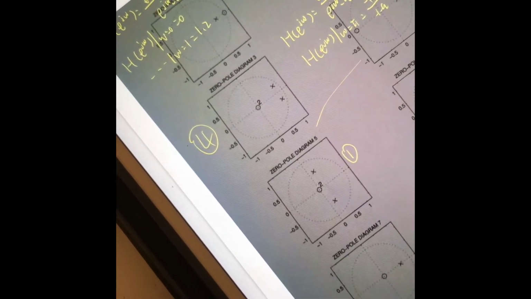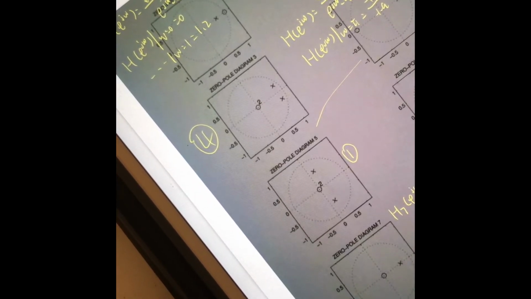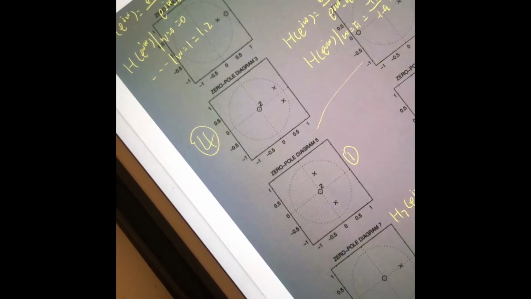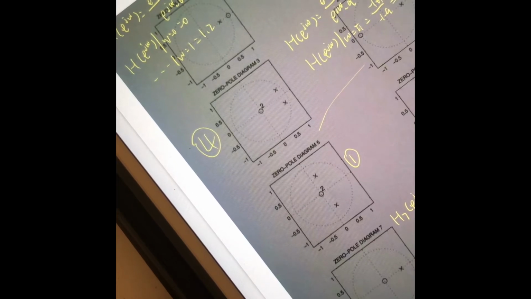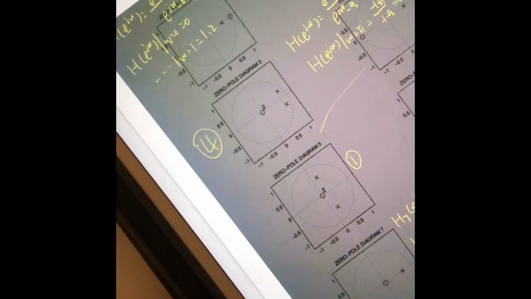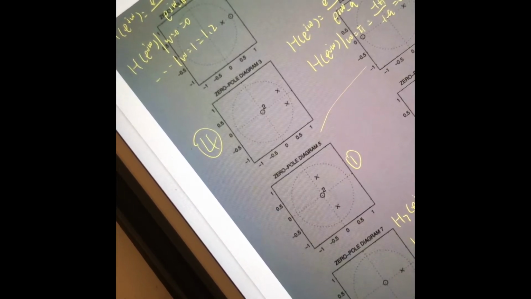For diagram 7 and 8, they are similar. So we can assume that H7 of e to the power of j omega equals to this one, and H8 of e to the power of j omega equals to this one.